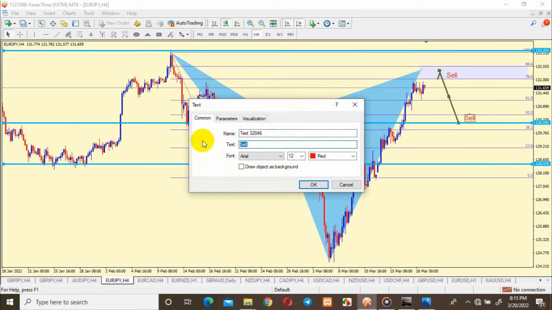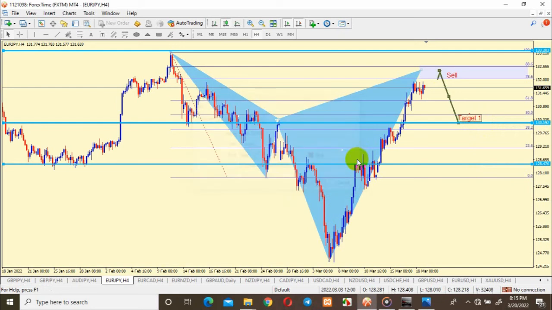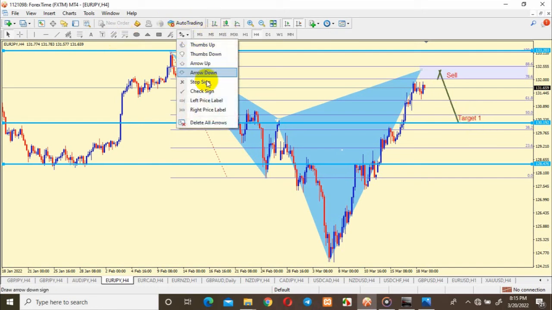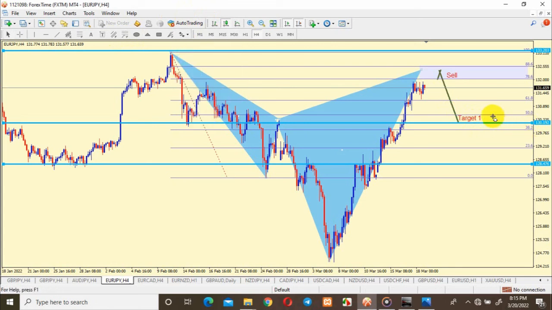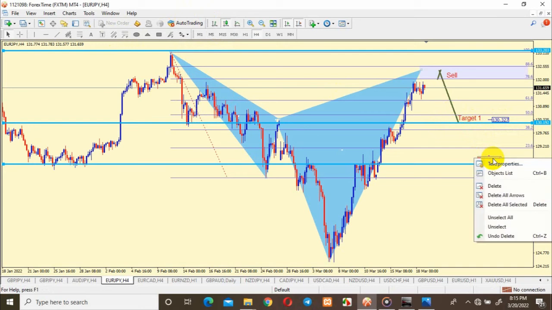Our first target should be this zone, that is 130.19. That should be our first target zone. In fact, we'll be happy with it. So put our target zone here. Then target 2. If price goes further, we target this.